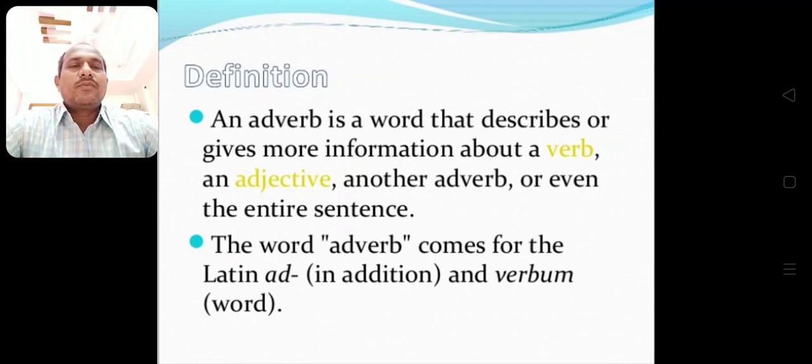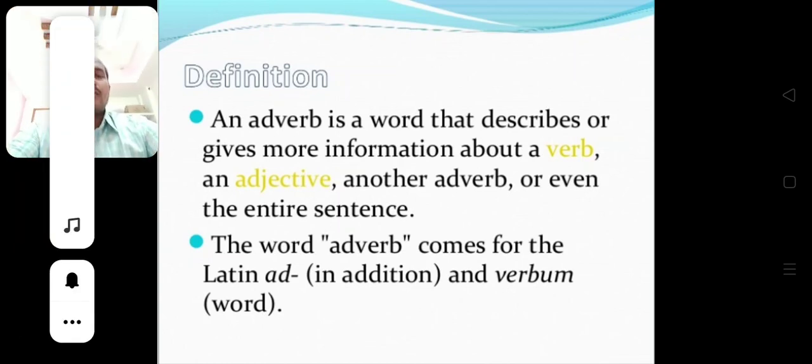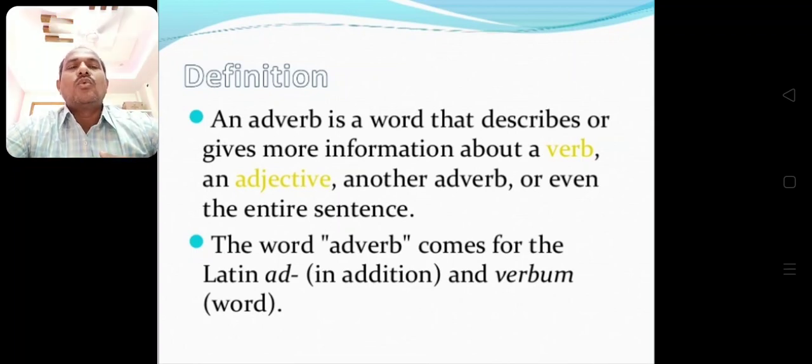An adverb is a word that describes or gives more information about a verb, an adjective, another adverb, or even the entire sentence.